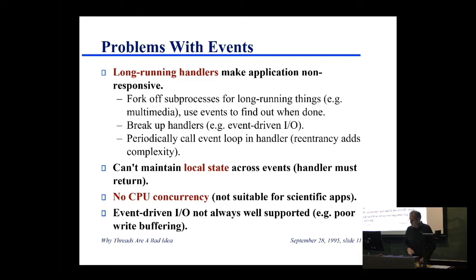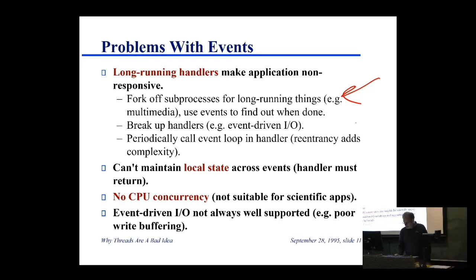So if we've got a handler that wants to run a video in our GUI, how do we manage that? The idea is basically to run a uniprocessor Unix model without necessarily threads. Fork off a sub-process that just plays the video to a sub-part of the screen, and then get an event to find out when it's finished.